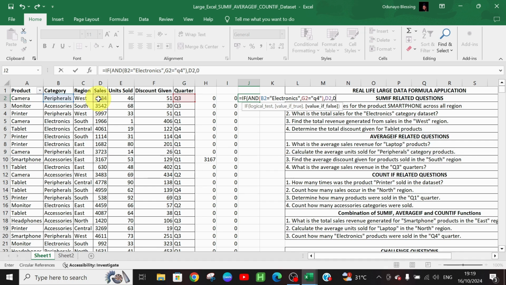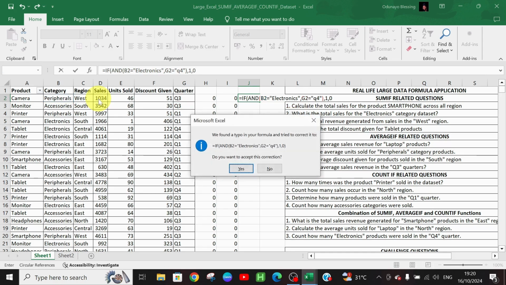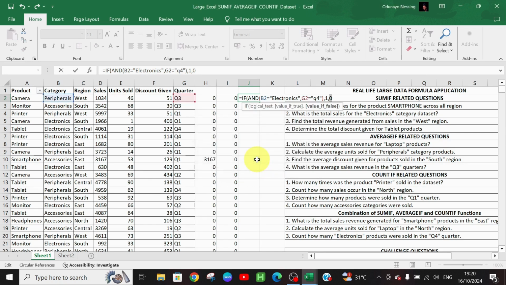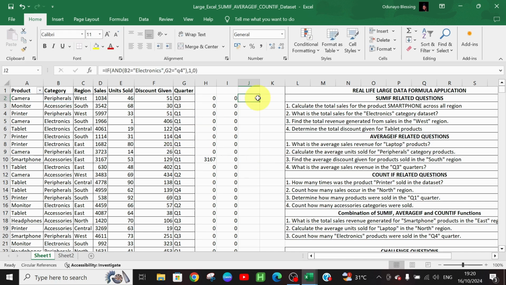If not, it should release 0. No, it should not release sales. Apologies, that should be 1 because it's talking about the counts. So it should release 1. That is, one value was available to have both electronics and quarter 4. And if not, 0. Then you close your bracket and you click the enter key.